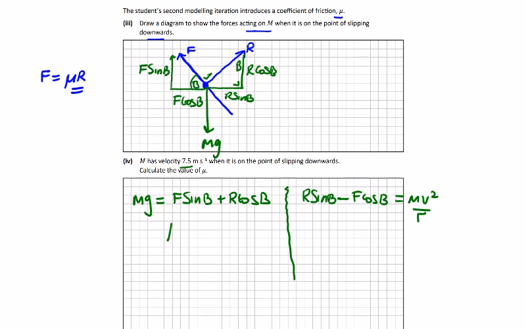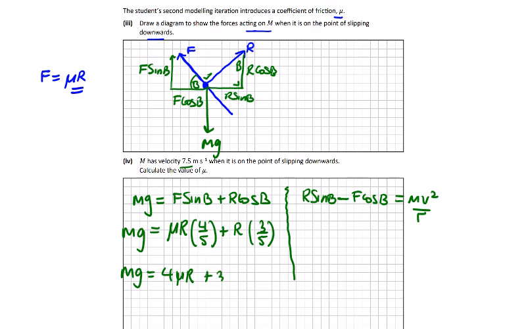So the force at the point of slipping is mu R by the sine of beta, which is 4 over 5, plus R by the cos of beta, which is 3 over 5. That's equal to mg. So I can get mg is equal to 4 mu R over 5 plus 3R over 5.